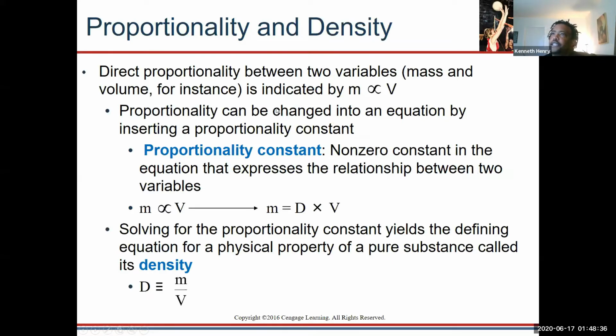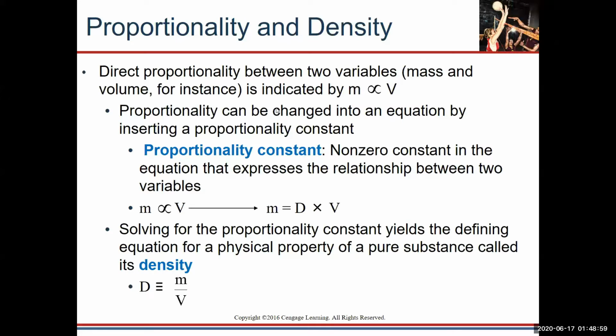Okay, so density is basically a proportionality, right? So density at a given temperature is going to be constant. So the density of water at 20 degrees is always going to be what? Does anybody know the density of water? 1.